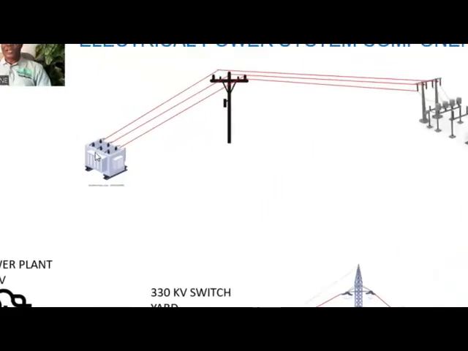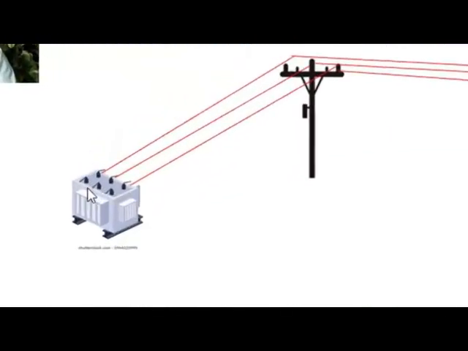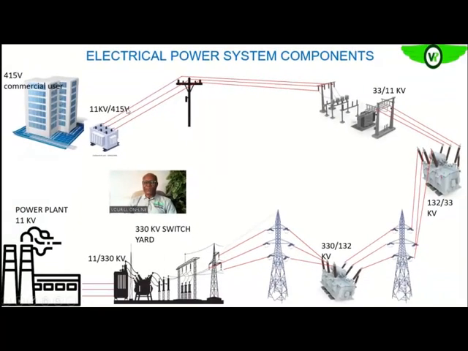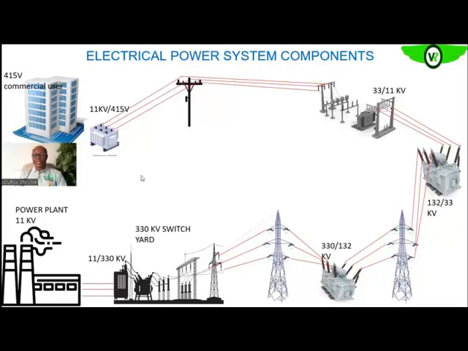Then this transformer will take it from that 11 kV to about 415 volts. It is that 415 volts that will be used by your consumers in their various facilities.